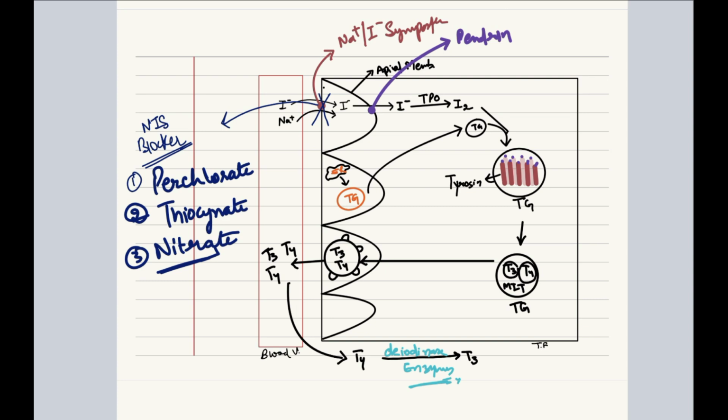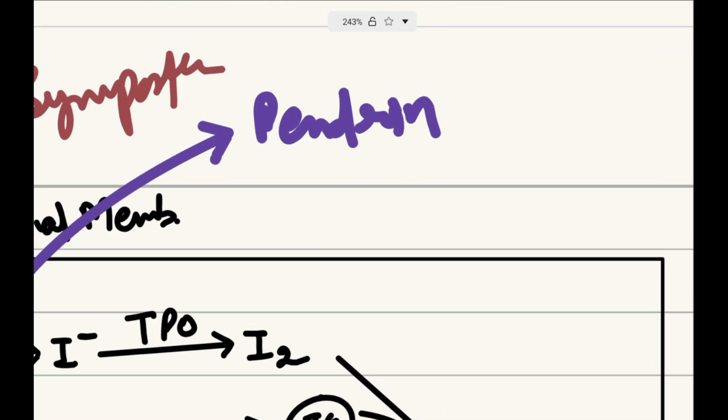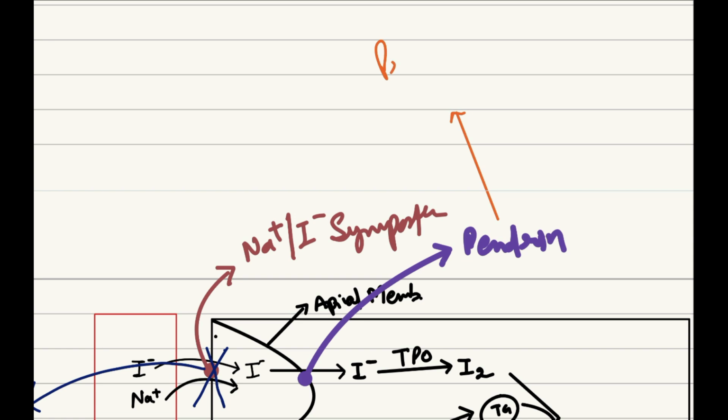Then we have another clinical link, that is Pendred syndrome.